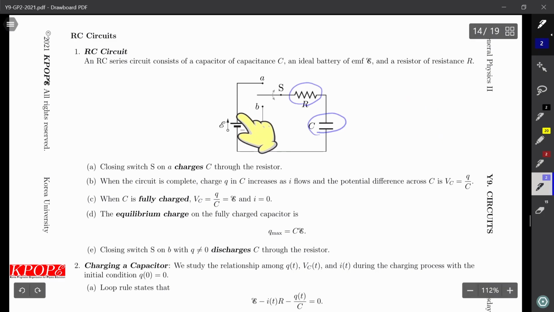In between, there is an EMF device. The capacitor has a formula Q equals CV.